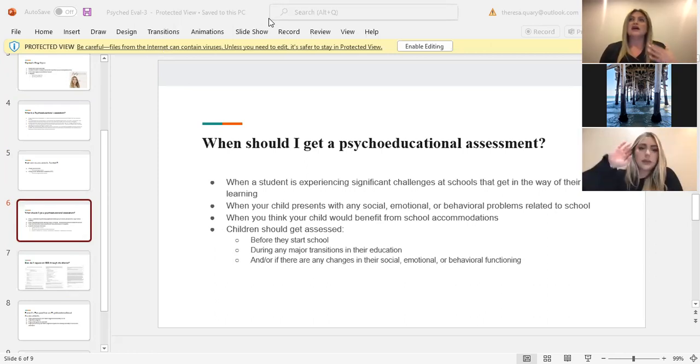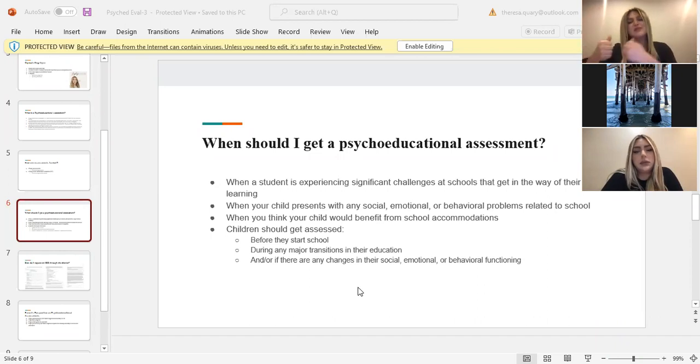Now, I don't want parents to think that just because they requested an IEE for a psychoeducational assessment, they can see somebody like me, no questions asked. Sometimes there are questions. The district does give pushback, not all the time, but sometimes the district will say our report is good enough, and there might be a discrepancy.